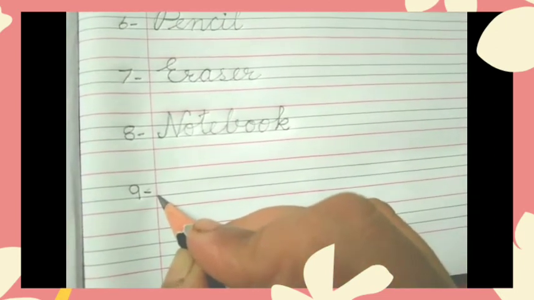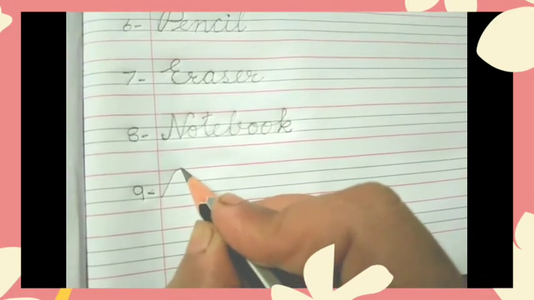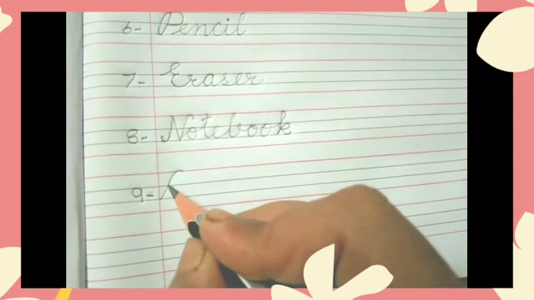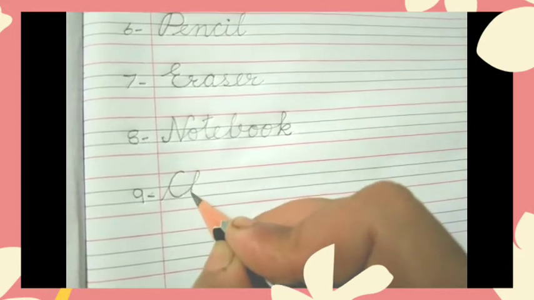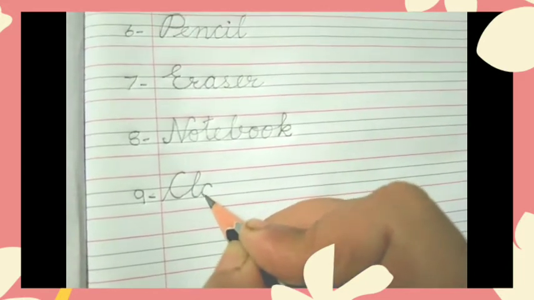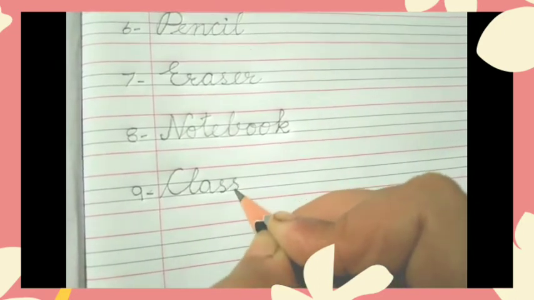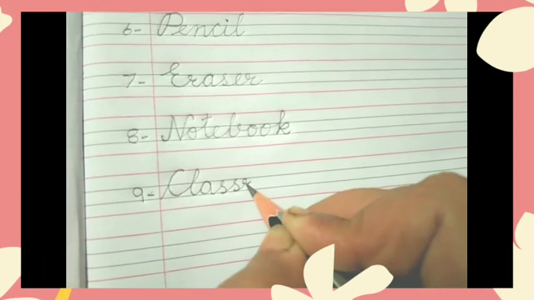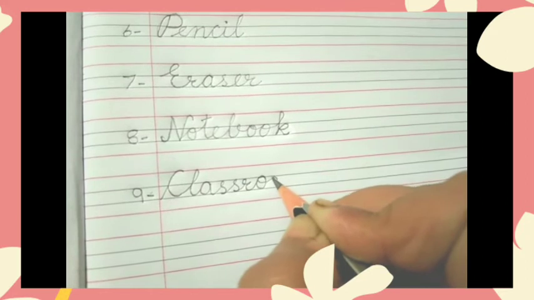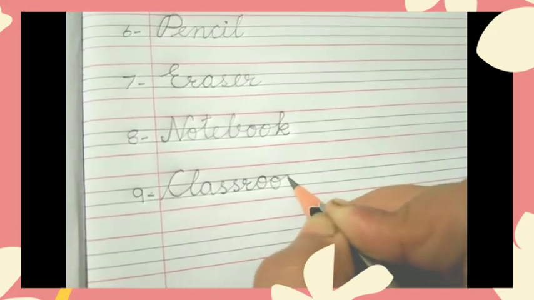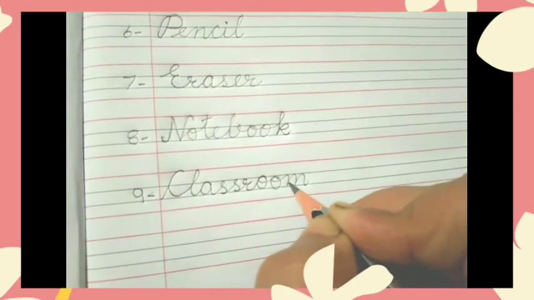Put your pencil here on the 3rd line and take slanting line towards top line and make C. This is C. Now L, A, double S, then R, double O and M. This is classroom.